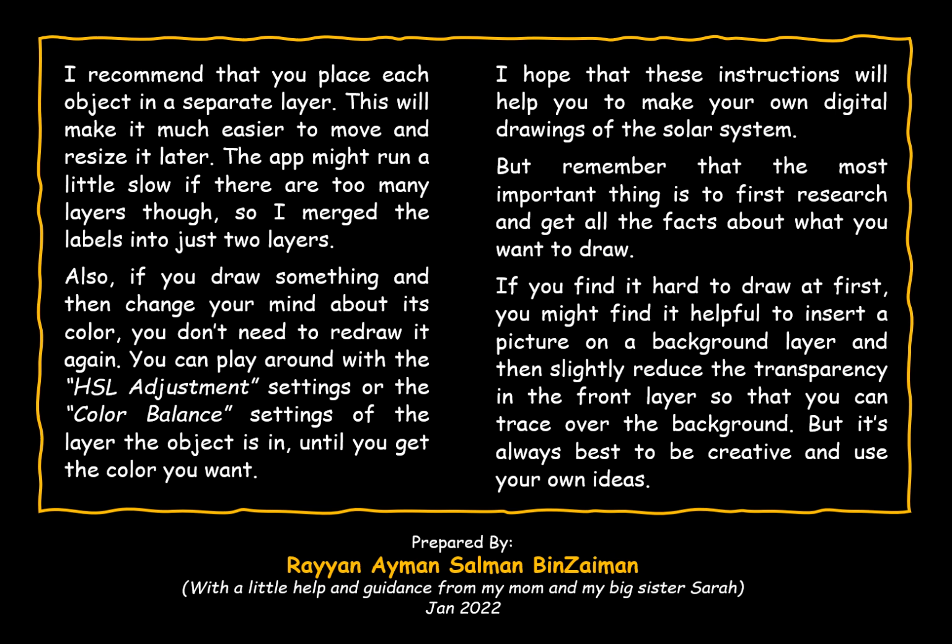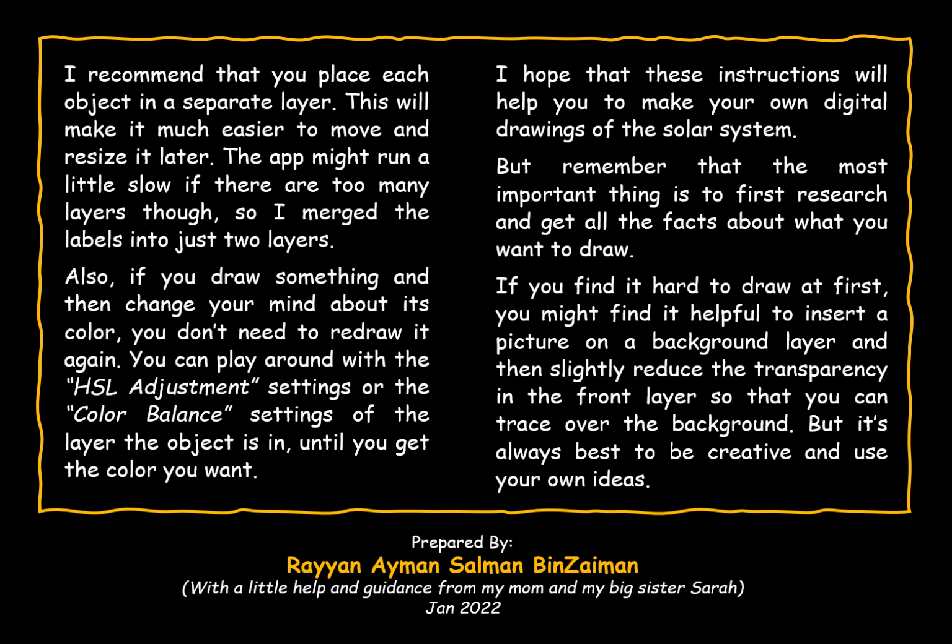I recommend that you place each object in a separate layer. This will make it much easier to move and resize it later. The app might run a little slow if there are too many layers though, so I merged the labels into just 2 layers.